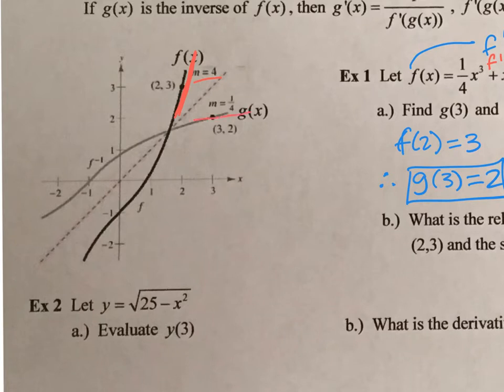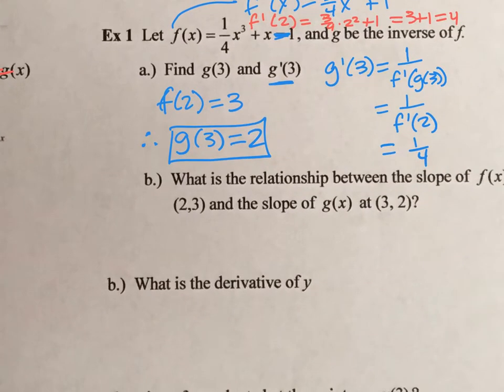All right, and so what is the relationship between the slope of f at the point (2, 3) and the slope of its inverse g at the point (3, 2)? Well, you can see that those two slopes are just reciprocals of each other. So that's going to simplify this process a whole bunch. So what is their relationship?